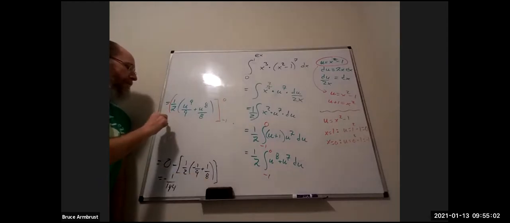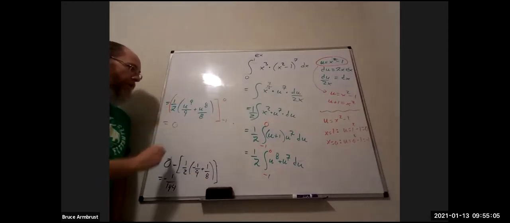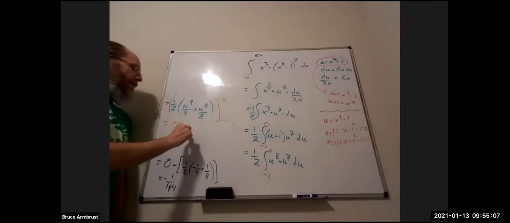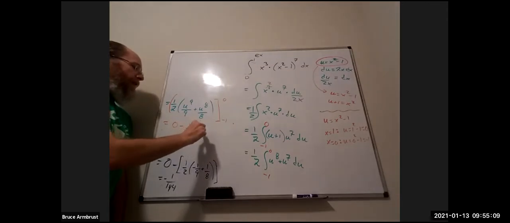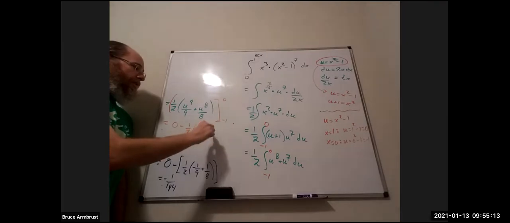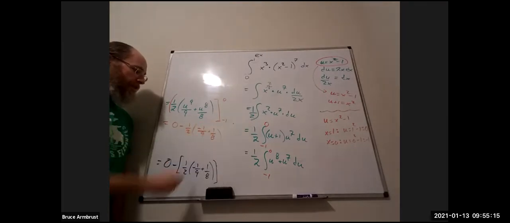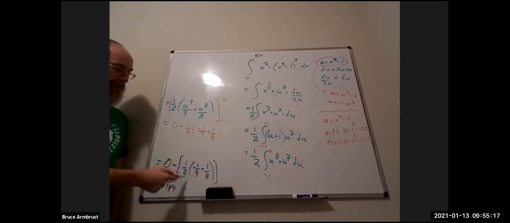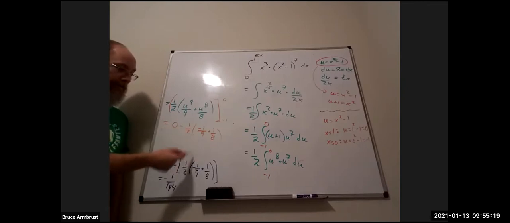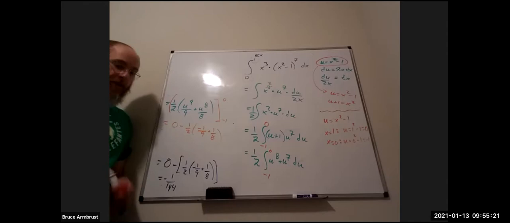If I plug in 0, I get 0. And when I plug in minus 1, I get minus 1 to the 9th over 9, and minus 1 to the 8th over 8. So notice that these are exactly the same thing. I just saved myself a substitution step.